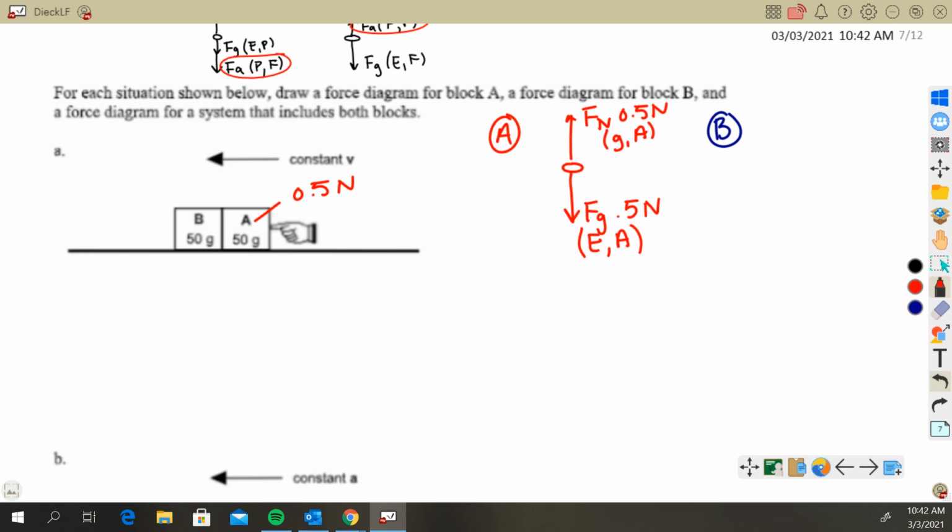All right, so we have a constant velocity. With a constant velocity, we're going to call this T. I'm going to call this F, the floor. T is going to be like tension if we have a rope, if we need it.